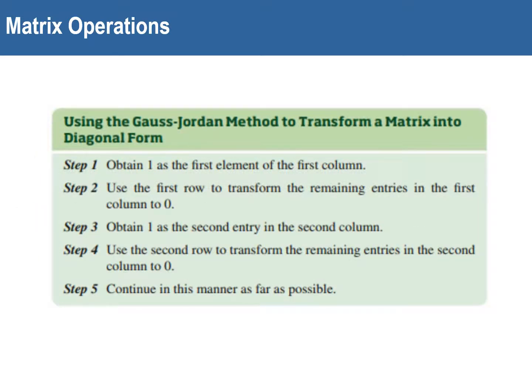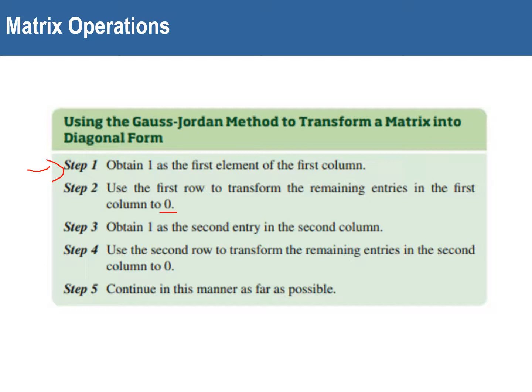Now, the Gauss-Jordan method tells us that it's just a process for solving these. The first step is to always get a 1 in the first element of the first column, and use the first row to transform the remaining entries so that the first column is 0 everywhere except that first row.